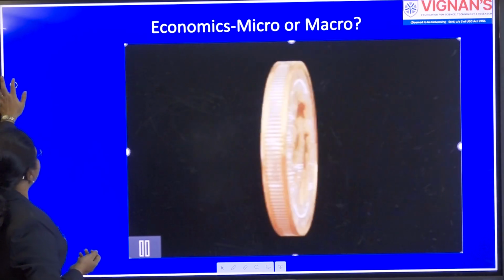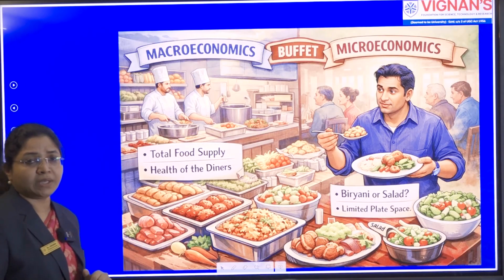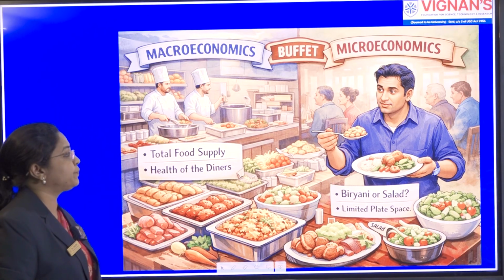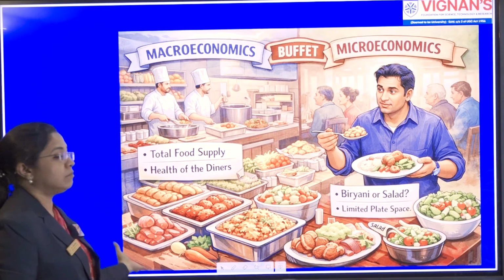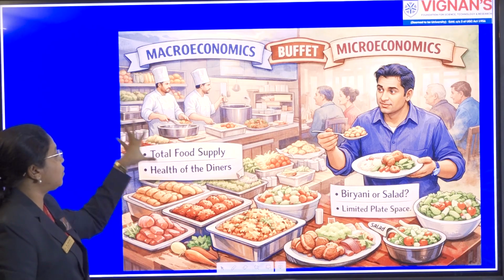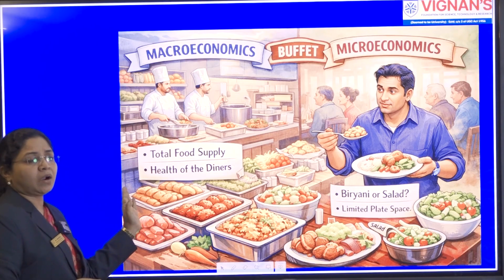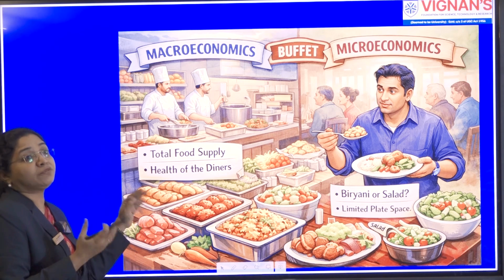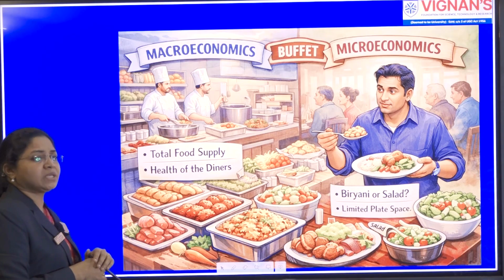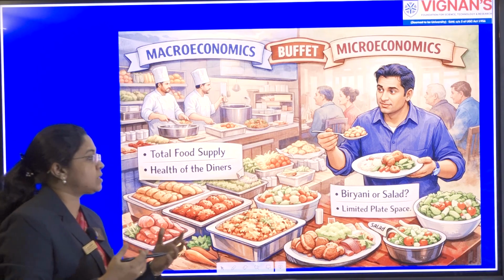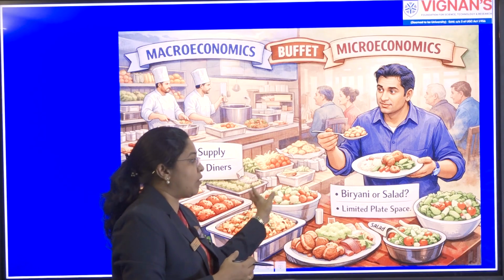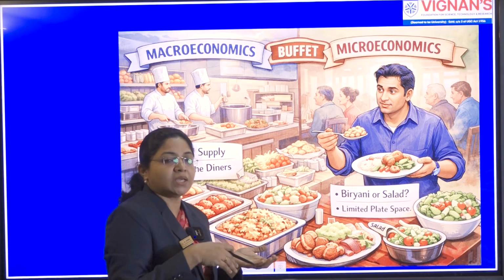Let us understand this with yet another example. Here you can see in this picture there is a buffet going on. On one side we can see different kinds of dishes plated. Macroeconomics is the total food supply, and microeconomics deals with the health of the diners who are dining in that particular buffet, and with a person's choices, which are scarce, even though the resources here are more, because the plate he is carrying is scarce.